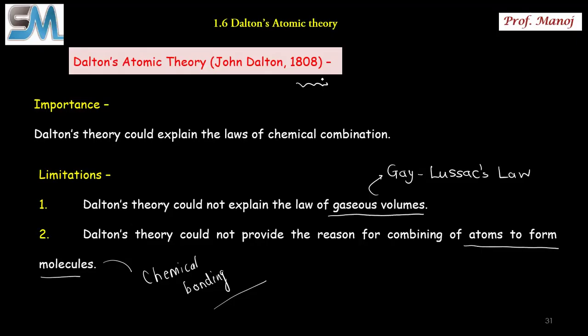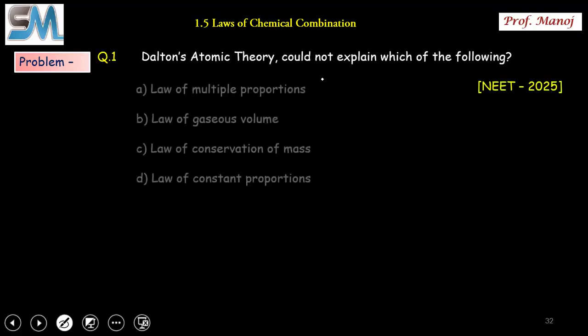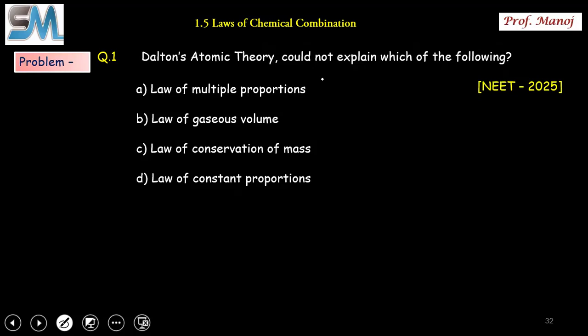The theory is very small, but on this currently, JEE and NEET people have been asking questions. This is a NEET 2025 question. Read it and you can see what answer it could be. Dalton's atomic theory could not explain which of the following: law of multiple proportion, law of gaseous volume, conservation of mass, definite proportion.